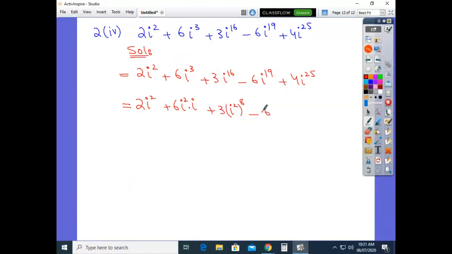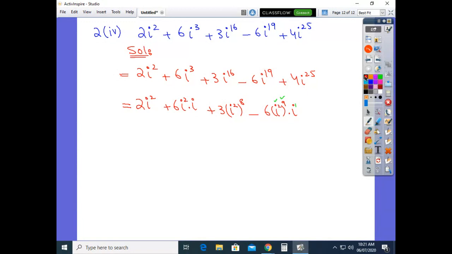Similarly, 6, iota 19, we can write it as iota square raised to power 9 into iota, because 2 multiplied by 9 becomes 18, and this 1 power added to this becomes total 19.